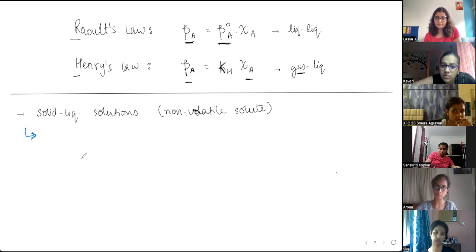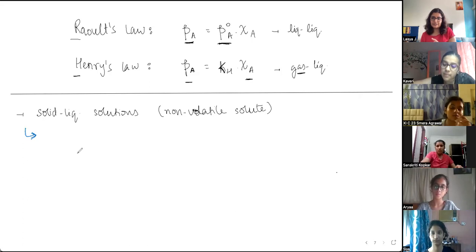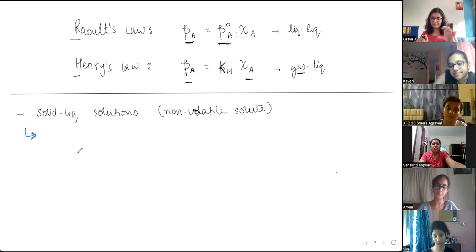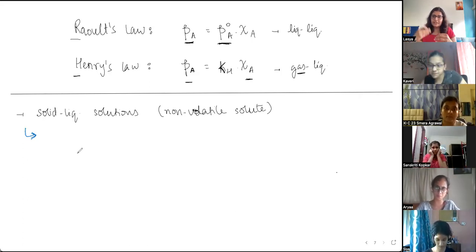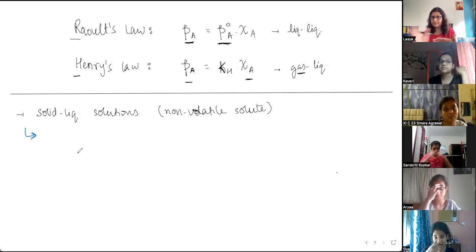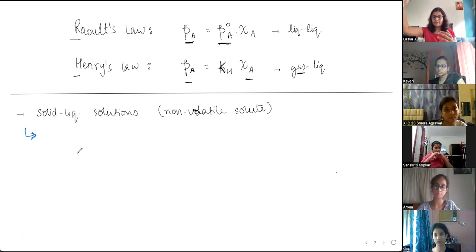Okay, let me put it in context. In the case of liquid solutions, if you are mixing two liquids, vapor pressure is changing to somewhere between both of their vapor pressures, right? For the higher one it is getting lowered, and for the lower one it is increasing.